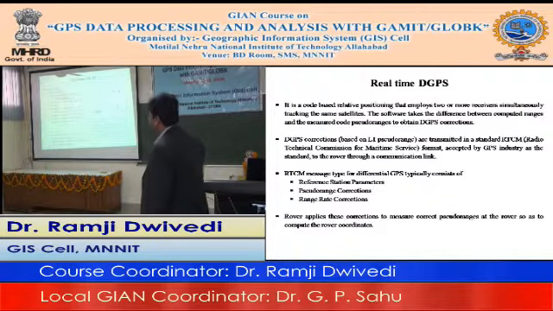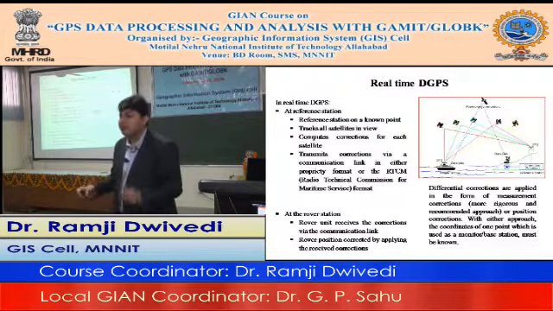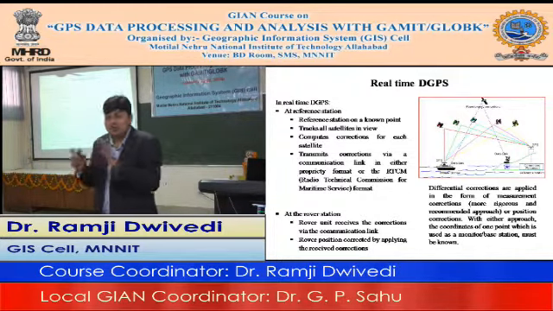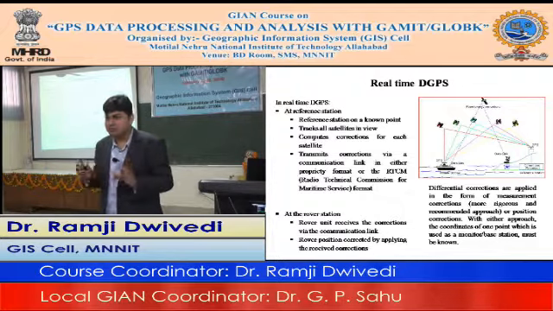Okay, so real-time DGPS is one of the most popular modes of surveying nowadays, where you have a reference station. It was developed primarily because selective availability was there pre-2000, until January 2000.